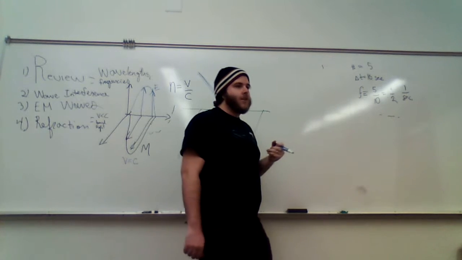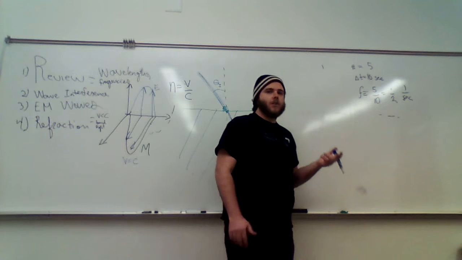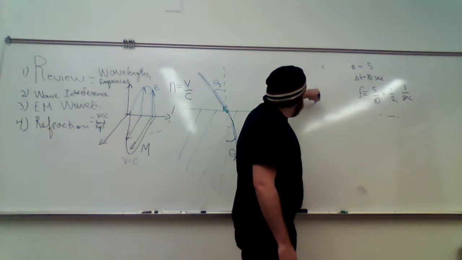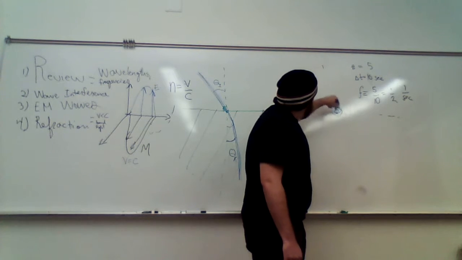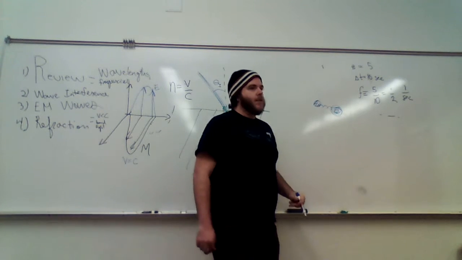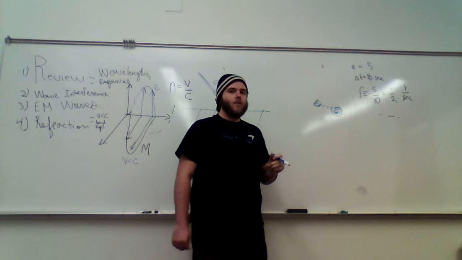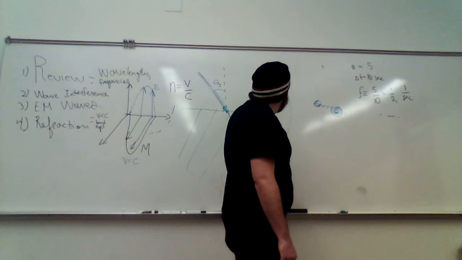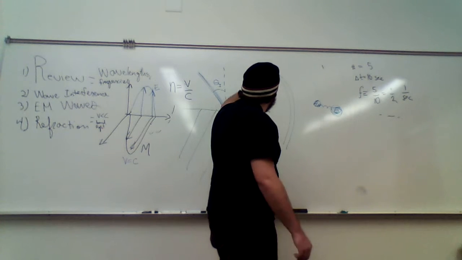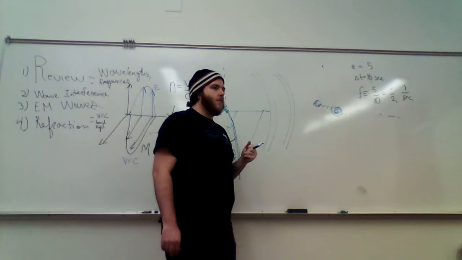So let's try a simplified picture of the electron going around the nucleus. Let's just say this is the electron, and it's attached to the nucleus by a spring. We'll go back to our pond example.